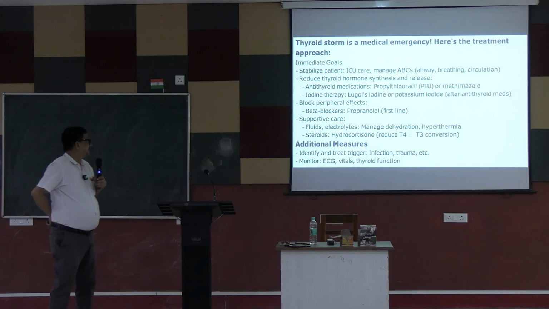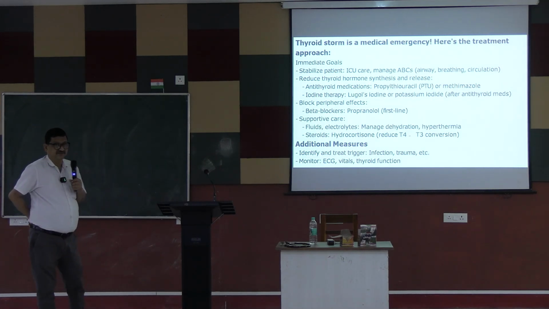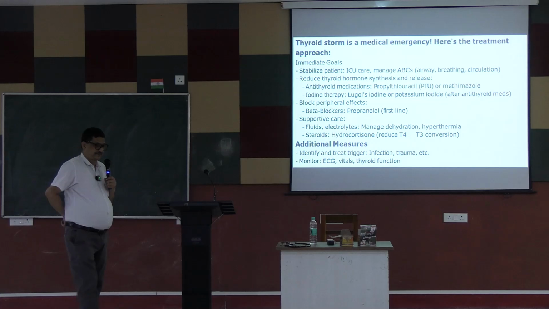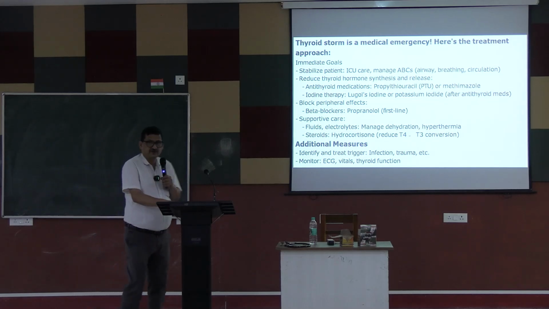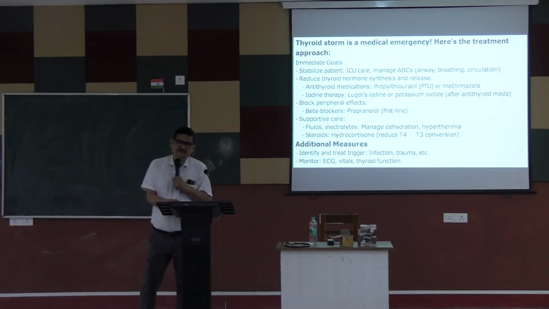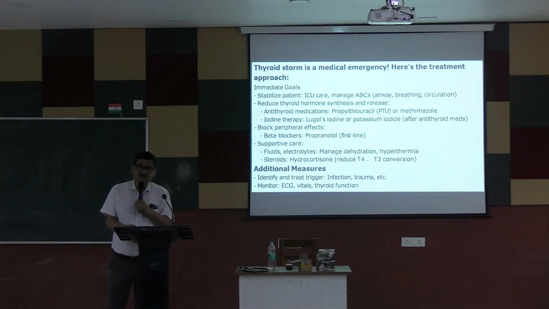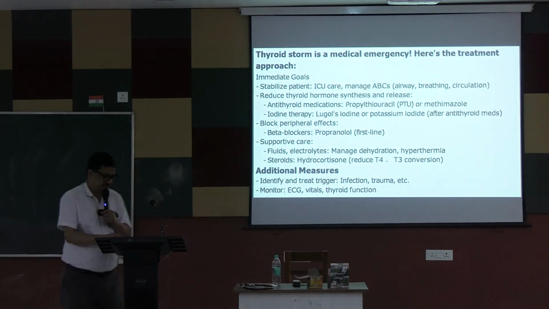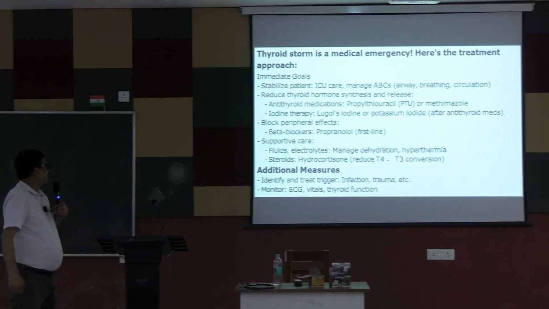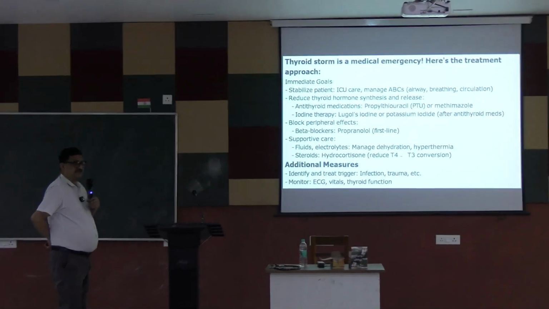Now, thyroid storm is a medical emergency. What is thyroid storm? This is a rare manifestation of extreme thyrotoxicosis. It may lead to a catastrophe. The immediate goal is to stabilize the patient.